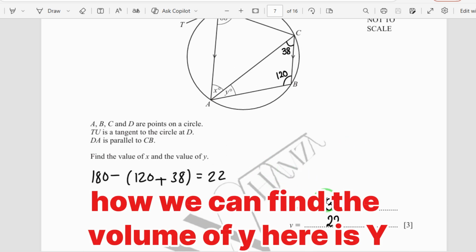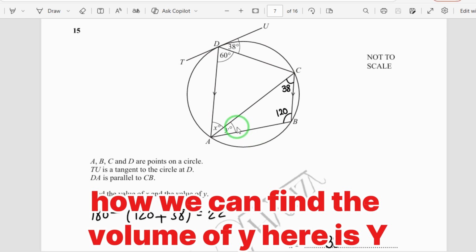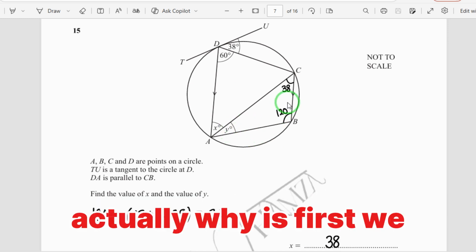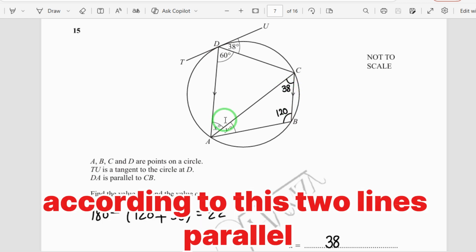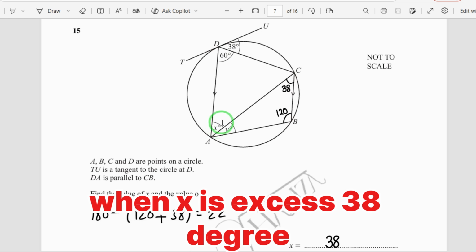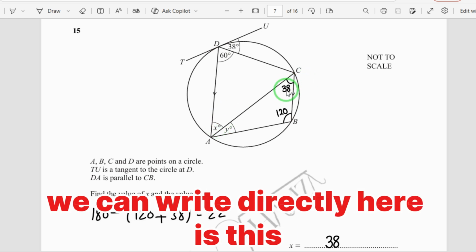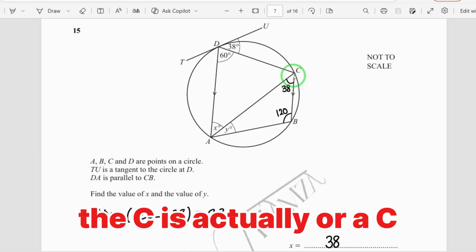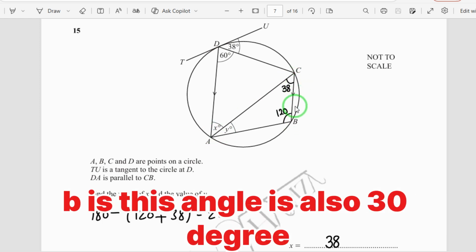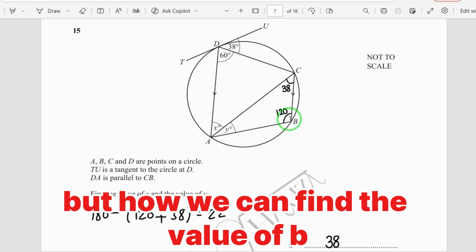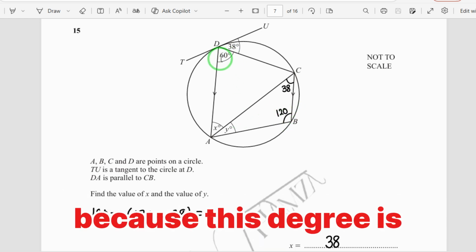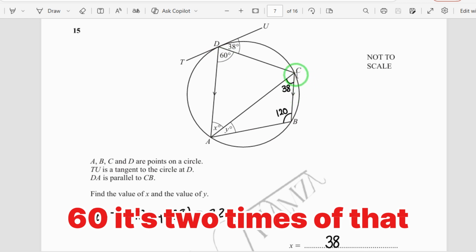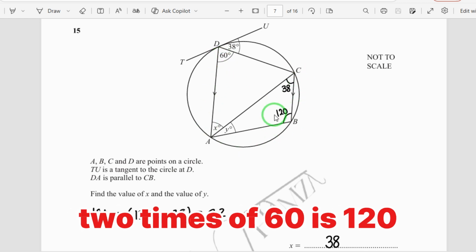How can we find the value of Y? Here is Y. Since these two lines are parallel and X is 38 degrees, we can write directly that angle ACB is also 38 degrees. But how can we find the value of B? Because the inscribed angle is 60, the arc is 2 times that. 2 times 60 is 120.